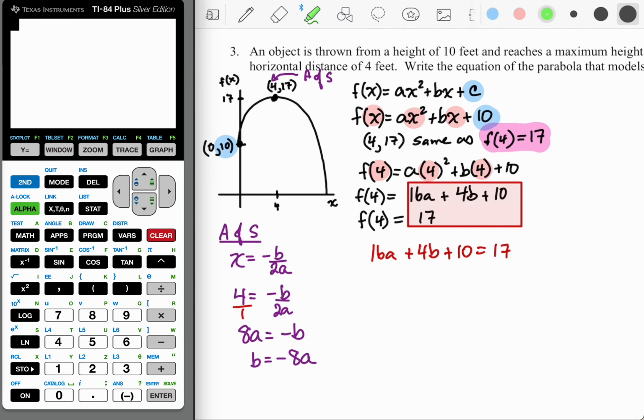But now I can replace the b in the other equation with a negative 8a. So I can say 16a plus 4 times my new b value, which is negative 8a. I could simplify that, and that'll allow me to solve for the value of a.